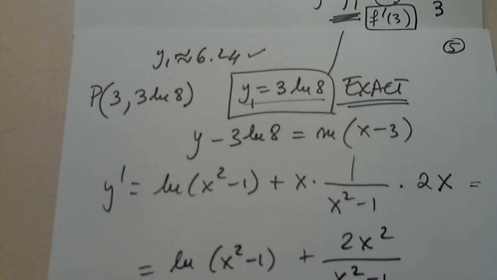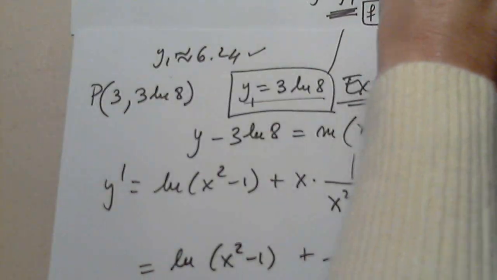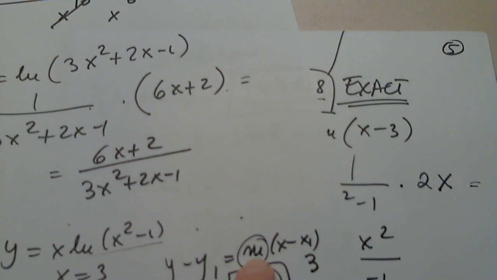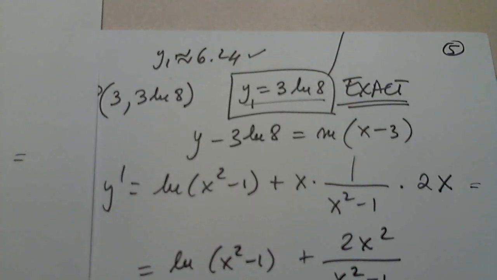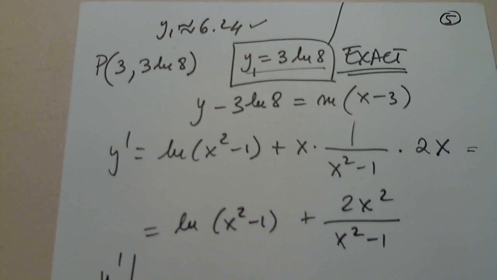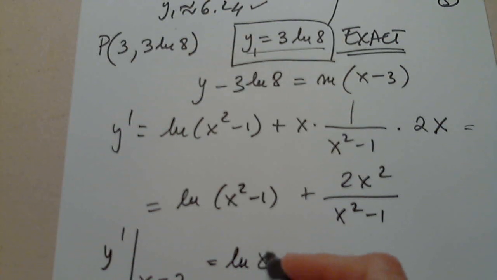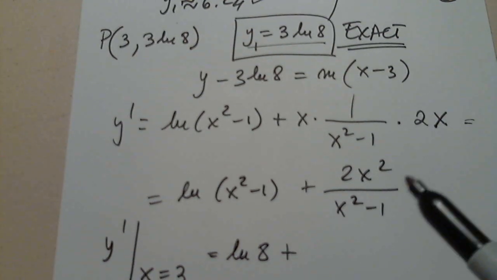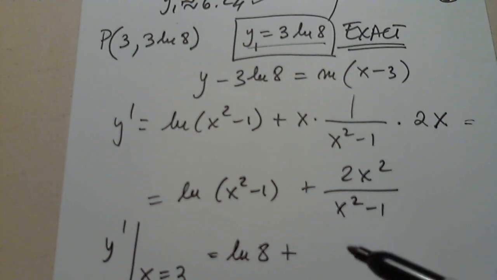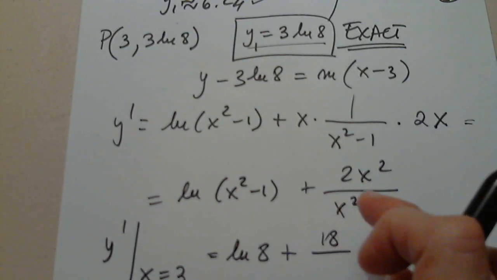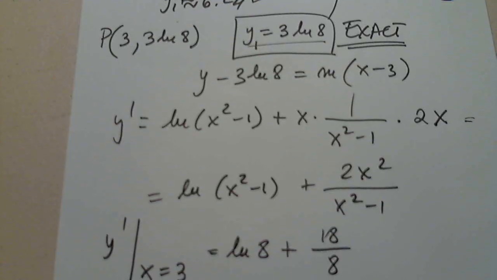Good. So then I will continue writing it as natural log of x squared minus 1 plus 2x squared over x squared minus 1. y prime evaluated at x equals 3 will give us the slope, which is an ugly slope because it has natural log in it and I can't approximate it. So 9 minus 1 is 8. So I have again natural log 8 plus 2 times 9, 18, over 9 minus 1, 8.